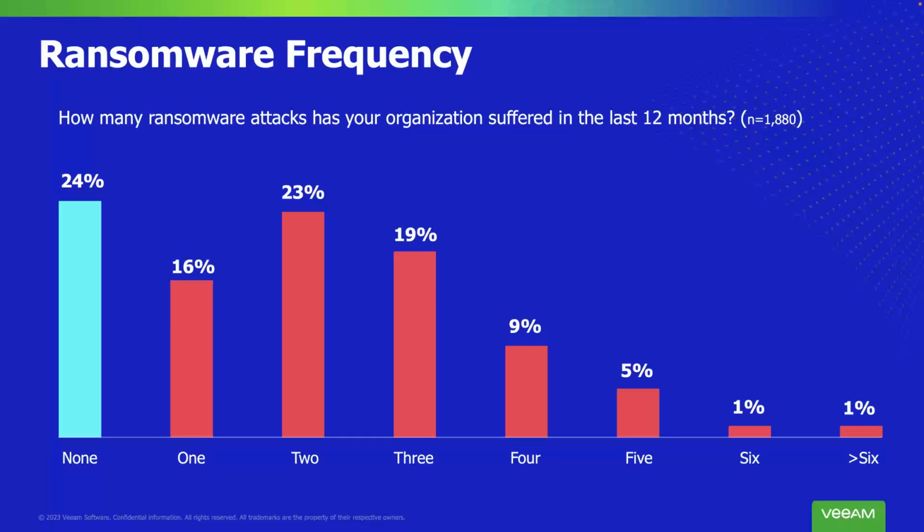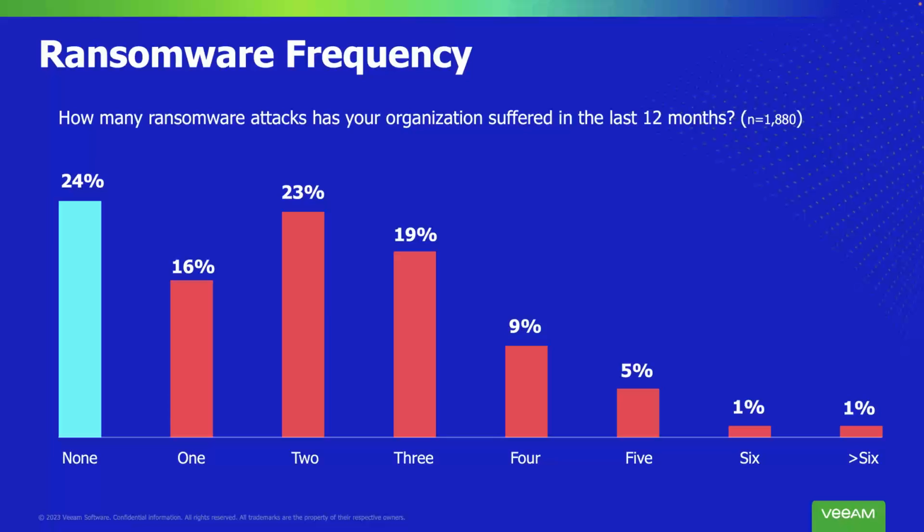Ransomware frequency. Is it really happening so often? This is a survey that we did in 2022, a year earlier. Also the same question: how many ransomware attacks has your organization suffered in the last 12 months? We took this survey with about 1,008 participants.